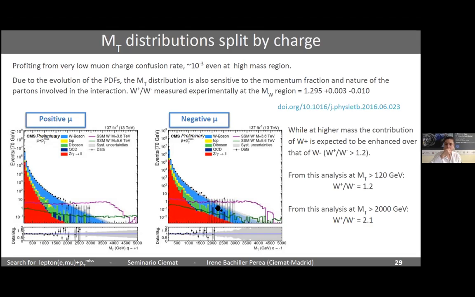I'm not sure, if you look at all your tests of different models, whether it's significant or not. Okay, you mean that the negative is a bit above the prediction, around here.